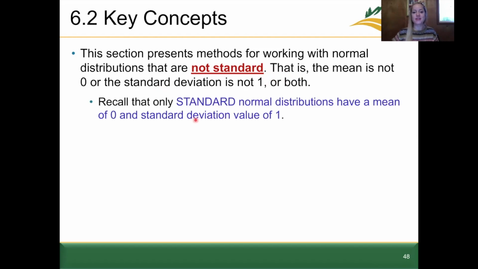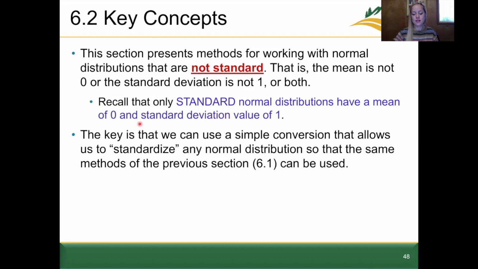Recall that importantly, standard normal distributions have a mean of 0 and a standard deviation value of 1. In 6.2, we aren't going to work with standard normal distributions. Instead, we're going to work with normal distributions that more so reflect real-world applications. In those real-world applications, we're not usually going to see a mean of 0 and a standard deviation value of 1.